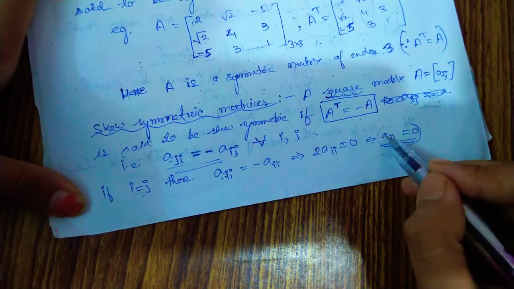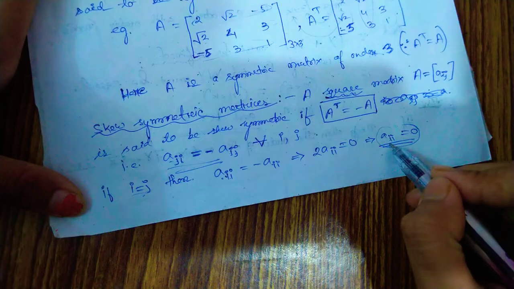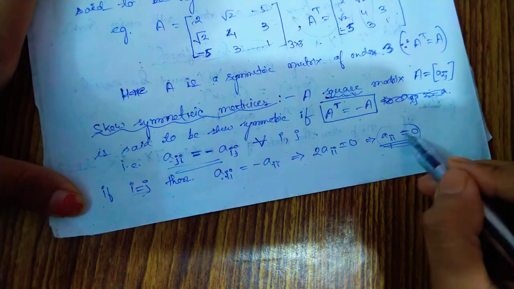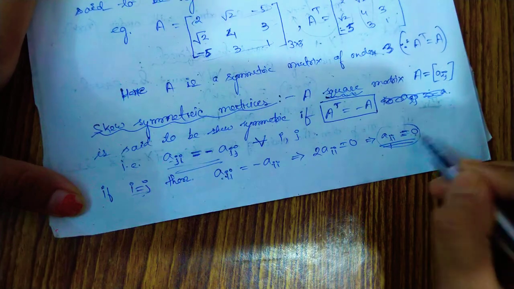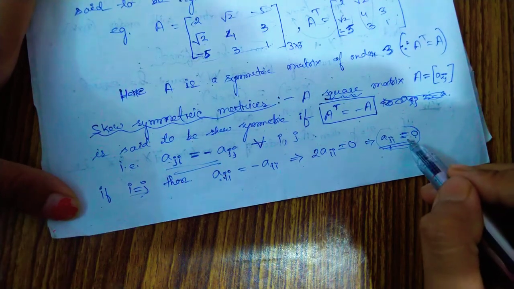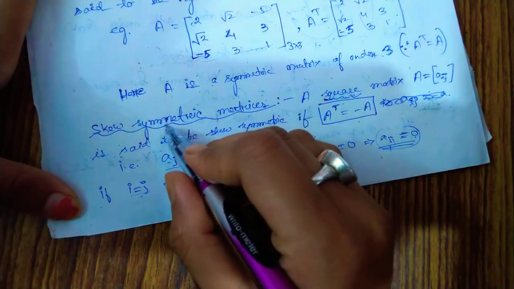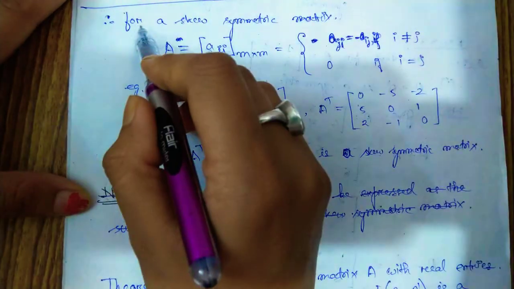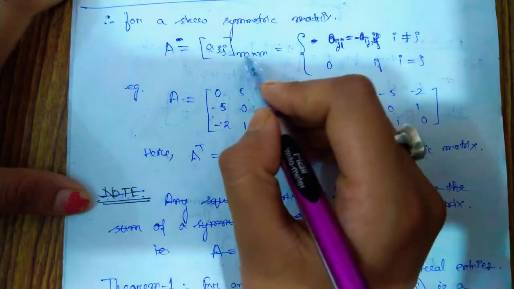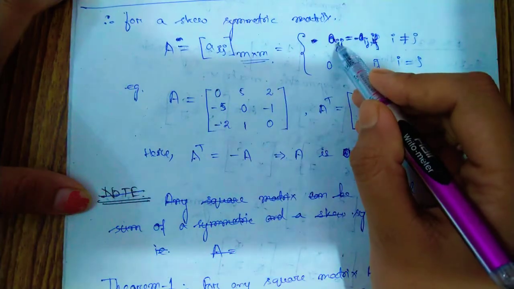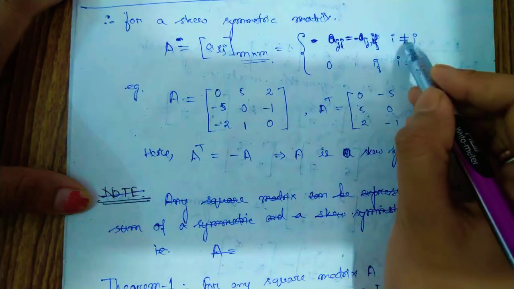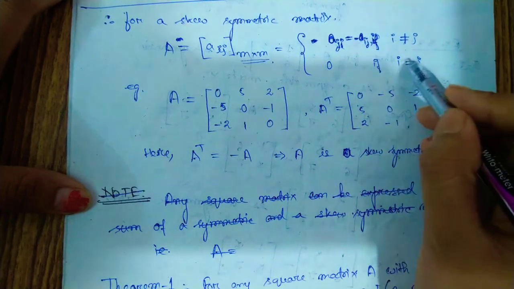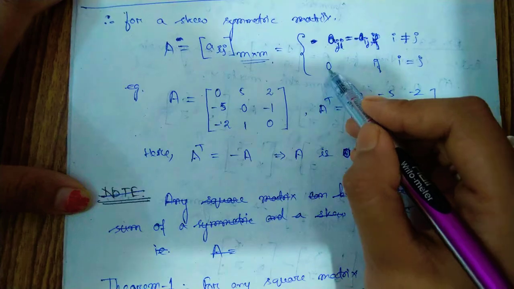a_ii are your diagonal elements a11, a22, a33, a44, so the value of the diagonal elements will be 0. That means diagonal elements will be 0 when you have a skew symmetric matrix. So for a skew symmetric matrix, what can we say? a_ji, when i is not equal to j, equals minus a_ij, and when i is equal to j, what will we have? 0.